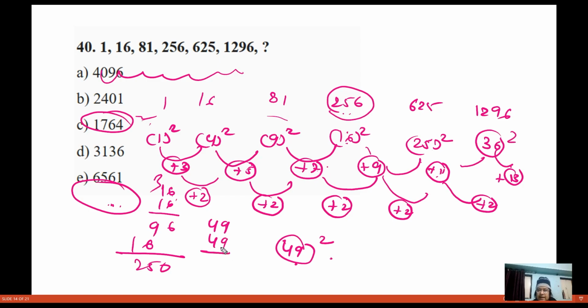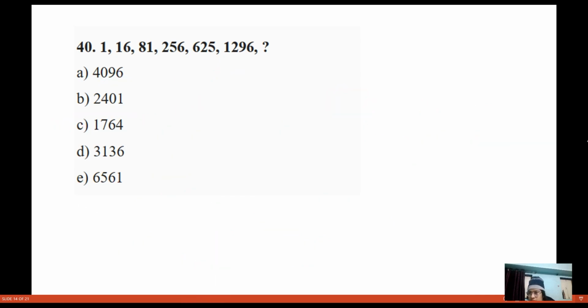So let us check. 9 nines are 81, 8. 4 nines are 36, 36 plus 8 is 44. Then 4 nines are 36, 3 carry over, 4 fours are 16, 16 plus 3 is 19. So you get 2401. This is how we can do this question. This is so simple.